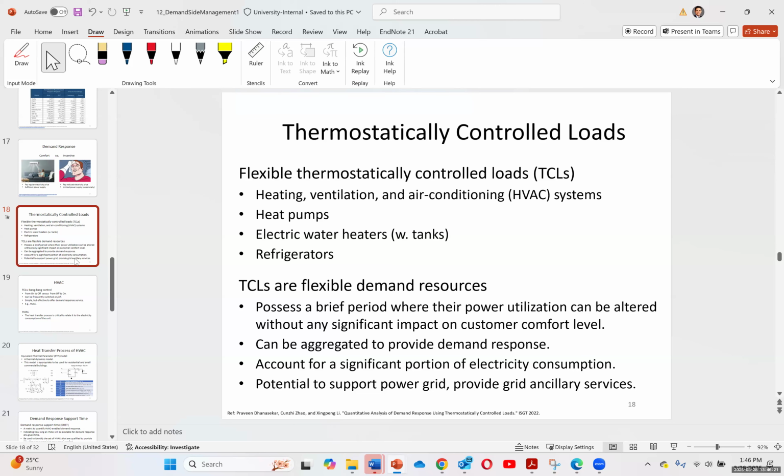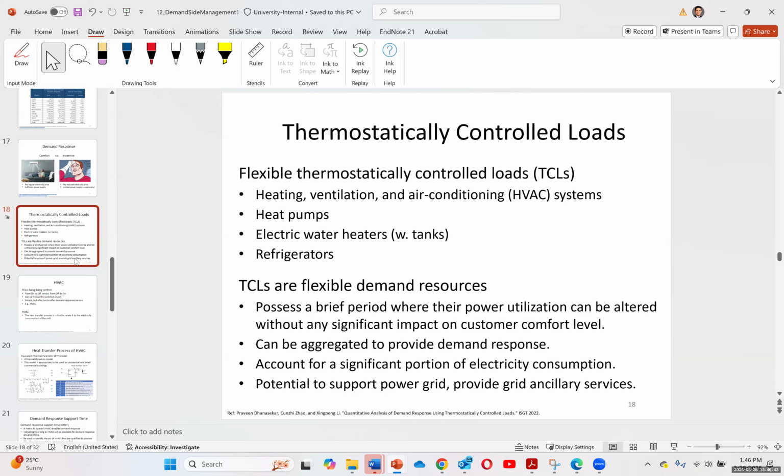So water heater is another example that you can shift, instead of turning on the water heater all the time. You can limit the times of the use, and it's not like the water temperature will drop immediately. It takes like half an hour to an hour, and then you can shift that consumption.